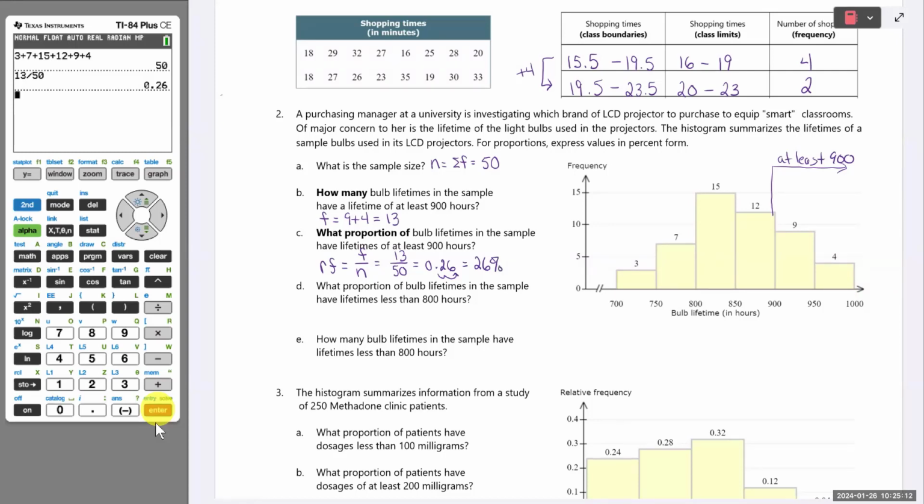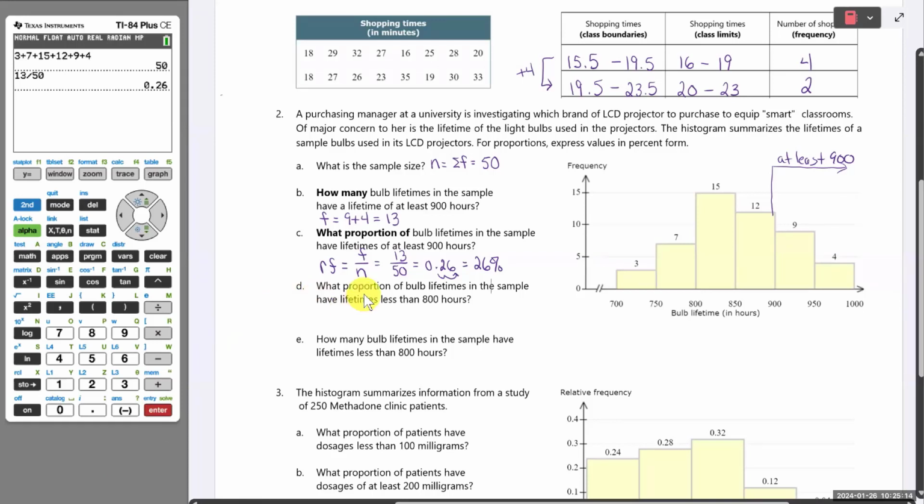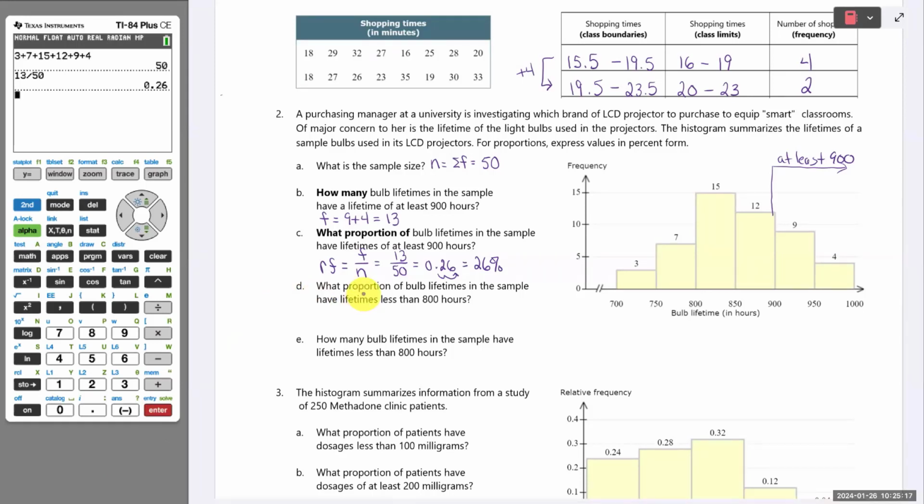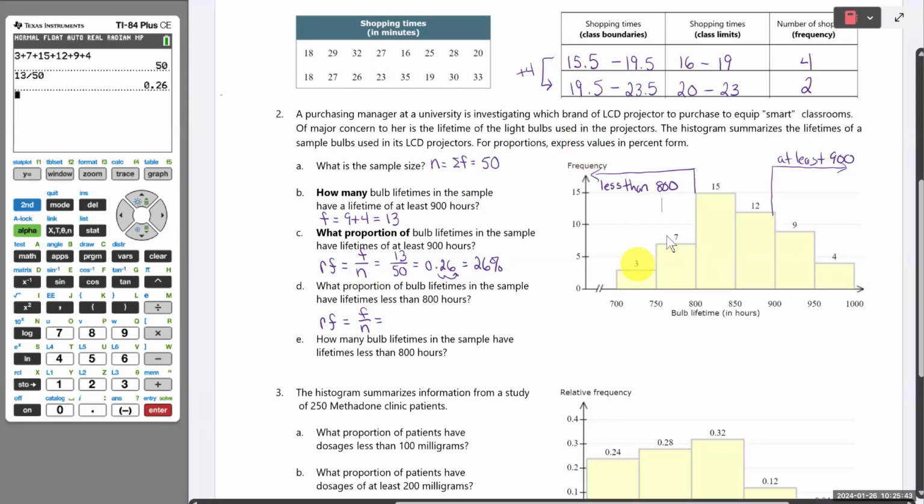Okay, let's just do a couple more here. So what proportion, so I'm going to write relative frequency again. Proportions are always relative frequencies. And this time we want bulbs that lasted less than 800 hours. So here's my 800 mark. Now we're interested in those light bulbs. Because the axis is labeled frequency, and these are whole numbers, we know that this is counting light bulbs.